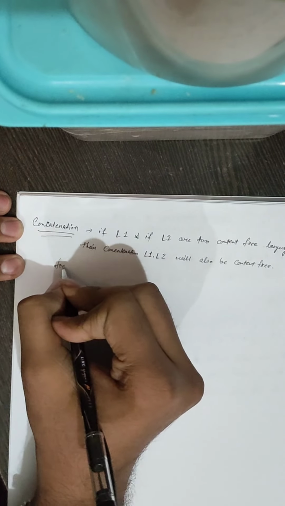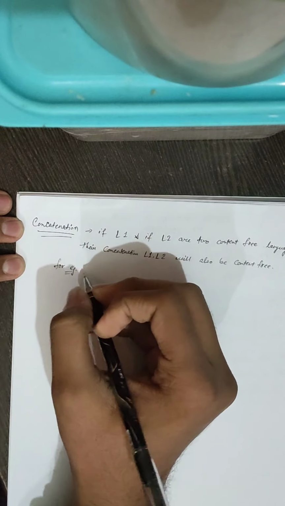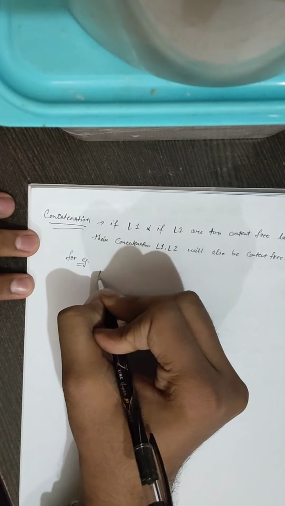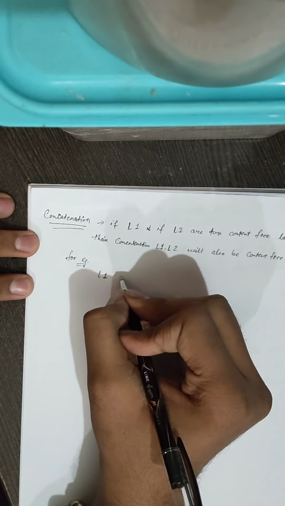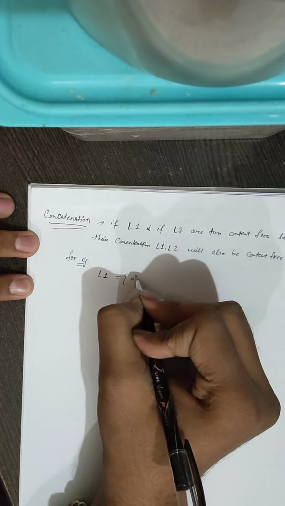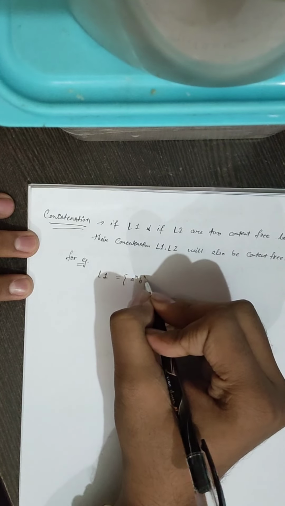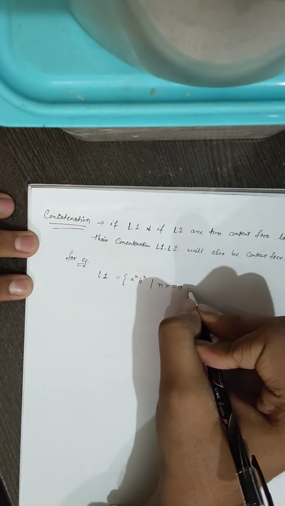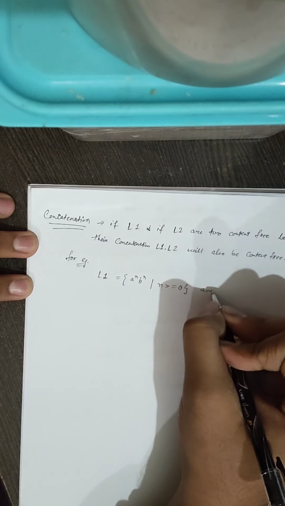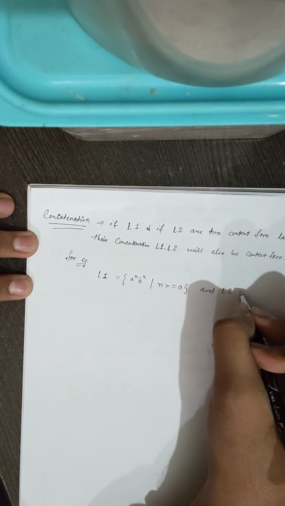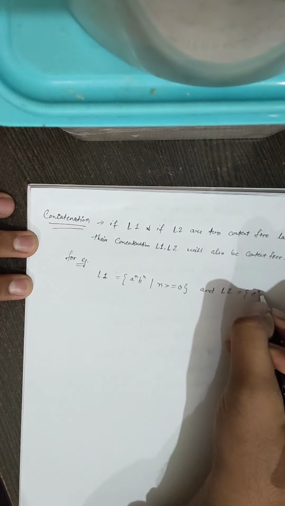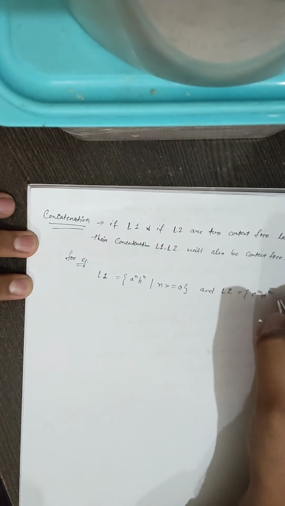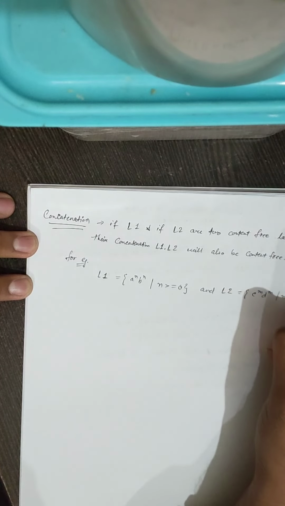For example, if L1 is equal to a^n b^n where n is greater than or equal to 0, and L2 is equal to c^m d^m, where m is greater than or equal to 0.